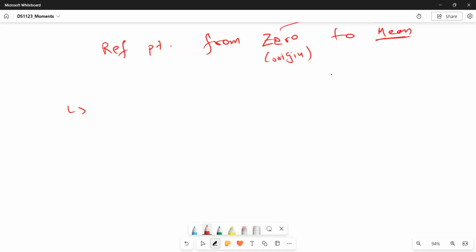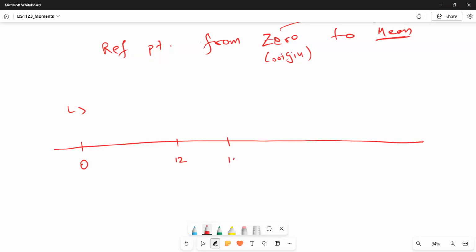So here what we'll do is, let me represent those numbers here. 0, then we have 12, right? Then we have 14 two times, right? We have 17, and then I have 18. These are the points, right? And somewhere in the middle, the mean of the data lies, which is 15. This is the mean of the data.